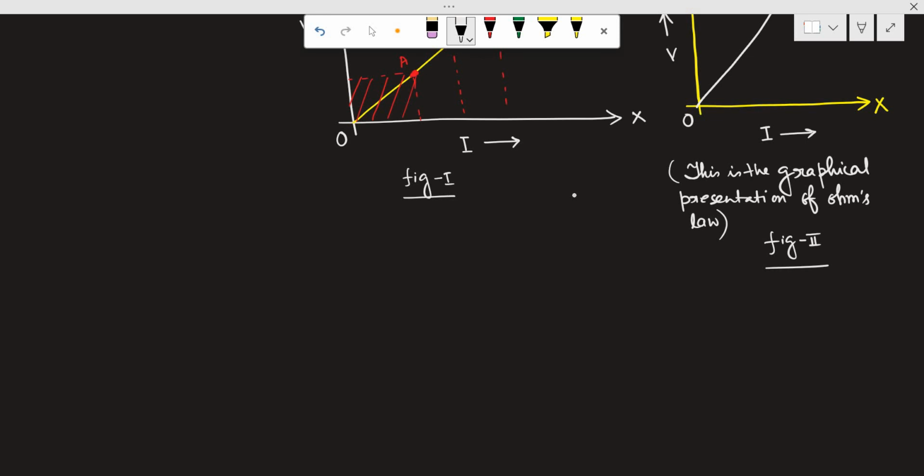You should know it very well. So now what we learn from Ohm's law, or what message we obtain from Ohm's law, or graphical presentation of Ohm's law.